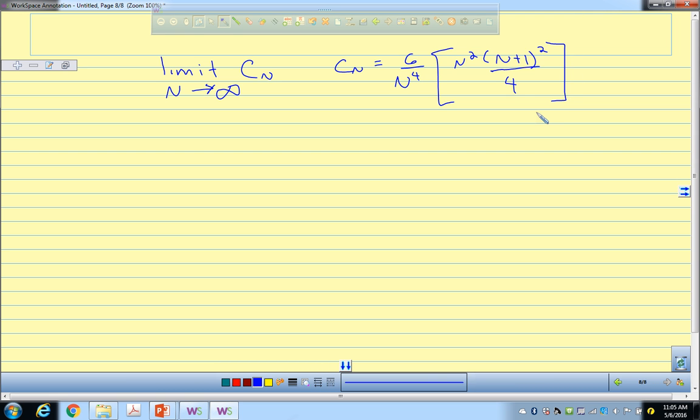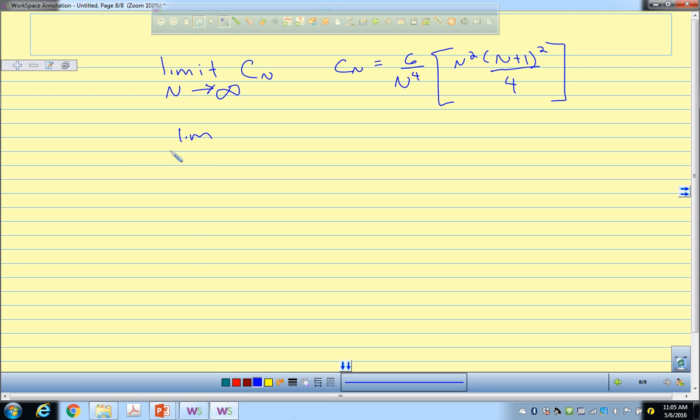This is a way to generate a unique sequence. But all you really have to do is, well, who can tell me what this is? It's going to be 3 over 2. And how do you figure that out, Jack?